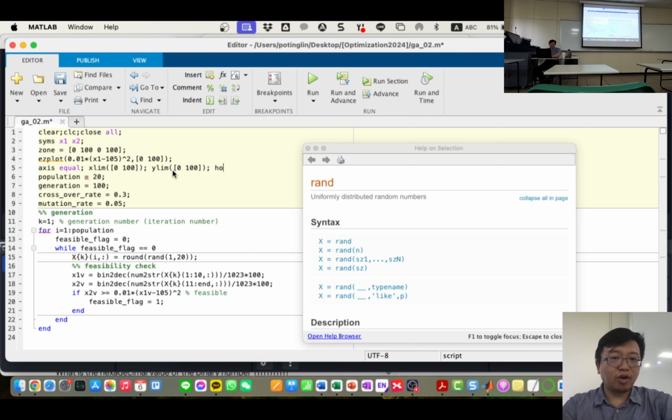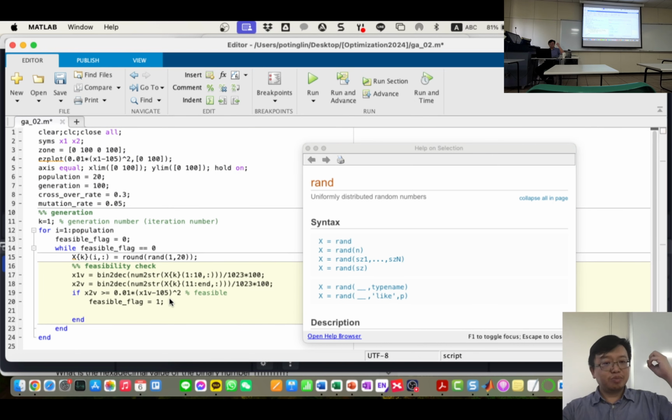And then I say hold on. So whenever I generate a feasible point, I will draw where the point is. So I'm gonna say plot x1v, x2v, and then I just draw a small dot, maybe in the red color, and marker size probably just 5. Okay, and let's run the code.